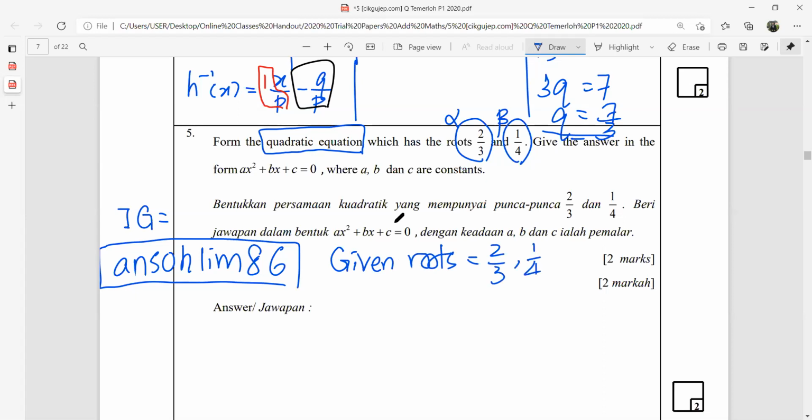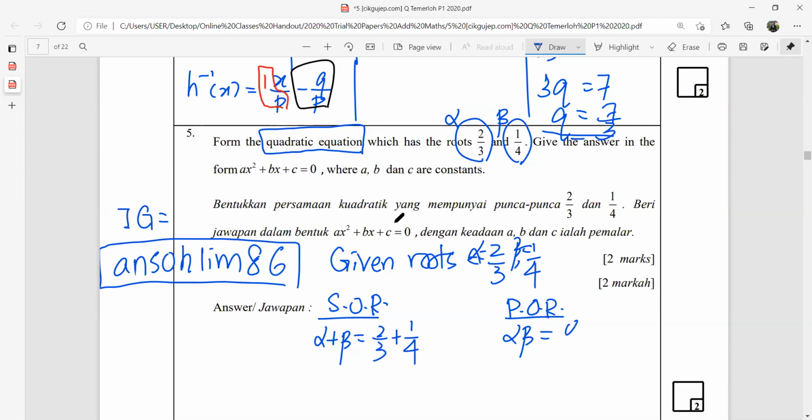2/3 and 1/4. So remember SOPOR, sum of roots, product of roots, right? Sum of roots is alpha plus beta, 2/3 plus 1/4. Actually, you can label alpha equals this, beta equals this. If they don't give you alpha beta, you don't need to write alpha beta also can.